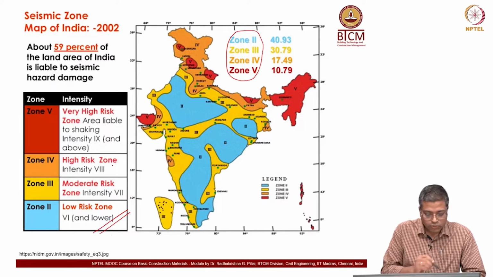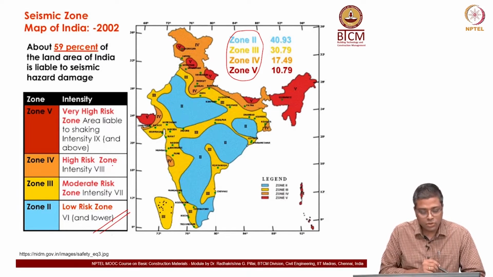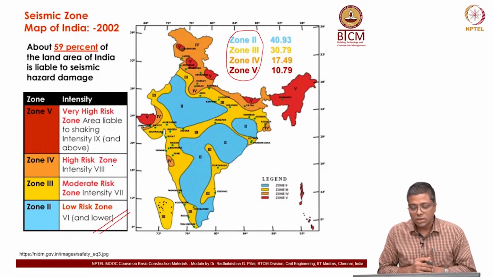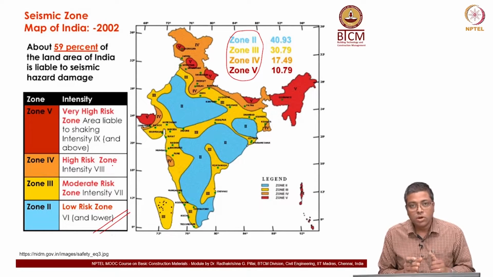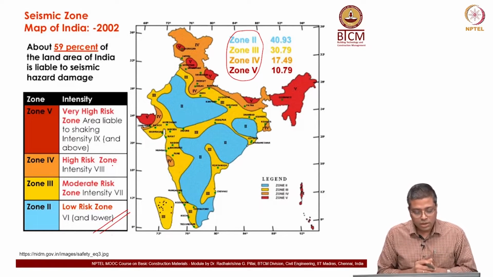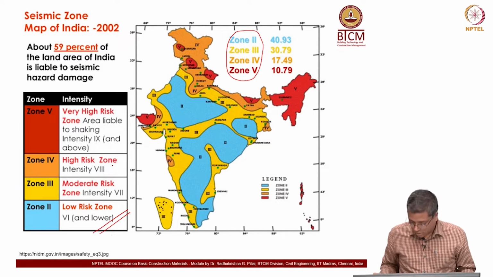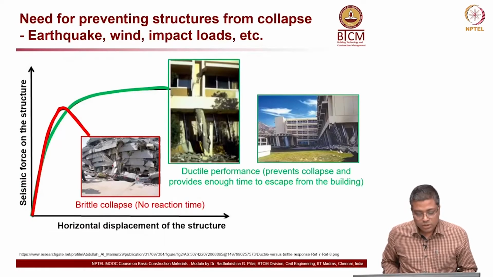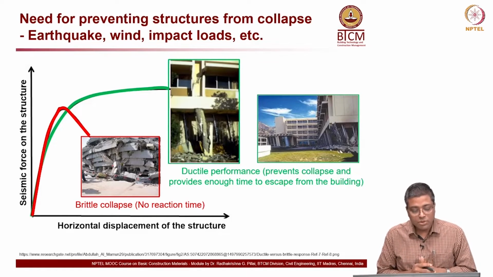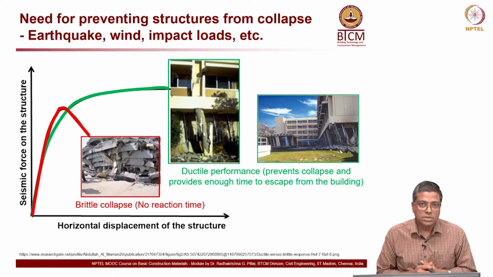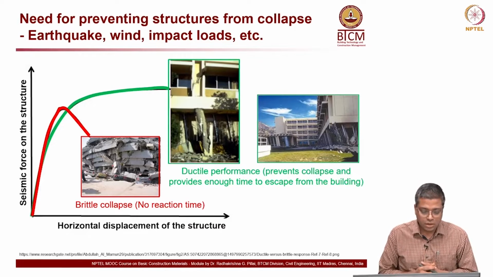Zone 4 is a high risk zone, and zone 5 with red color is a very high risk zone. So, in India the various geographic locations have different hazard levels for considering seismic activity. That means that we also have to design our structures to resist such loads.